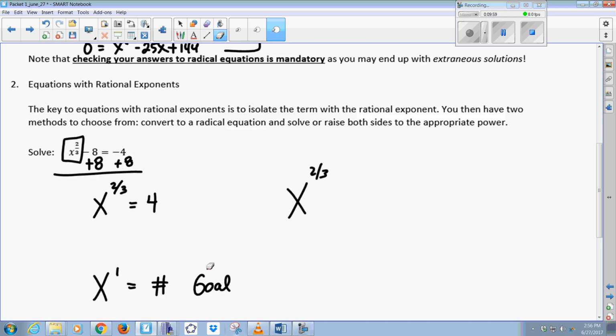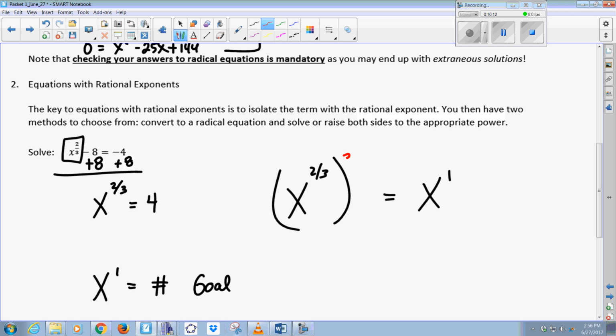Well, we have to undo a cubed root and we have to undo a squaring here. So we want to figure out what power to raise this power to so we get x to the first. And you'll remember that that power is the reciprocal, 3/2. So I am going to raise both sides of this equation to the 3/2 power.